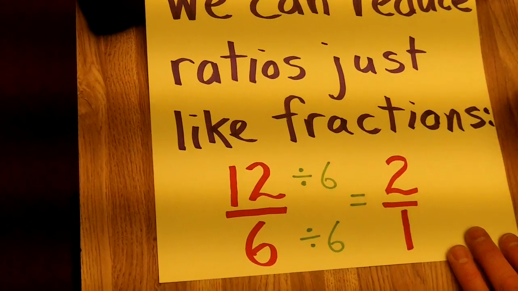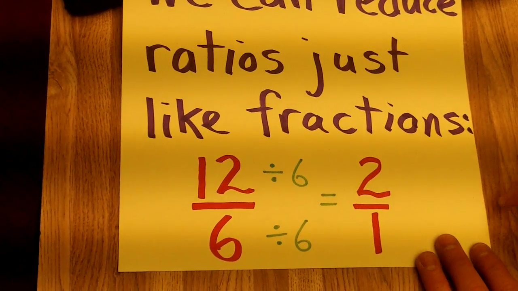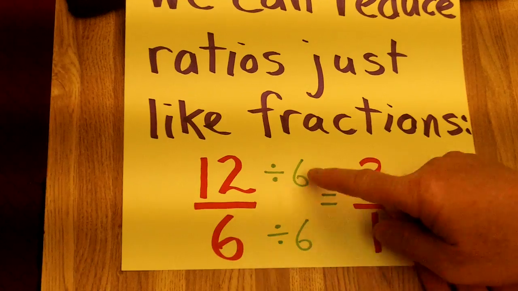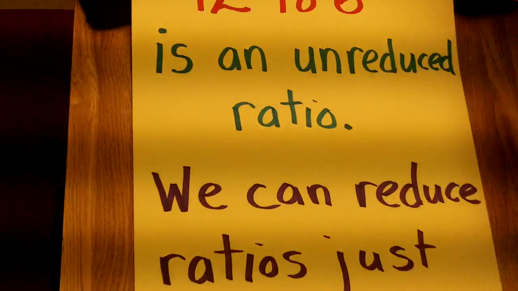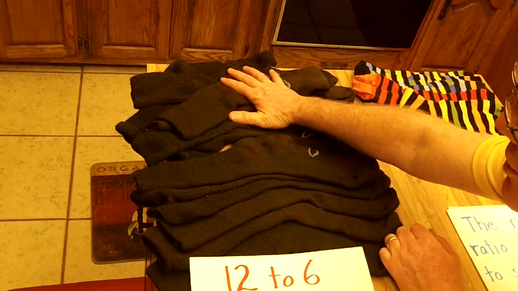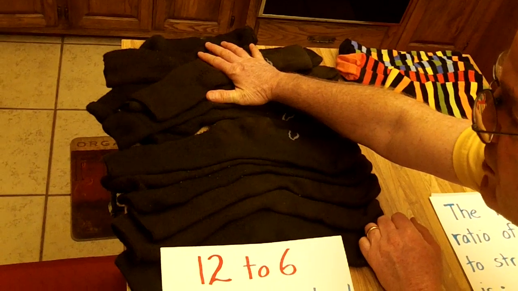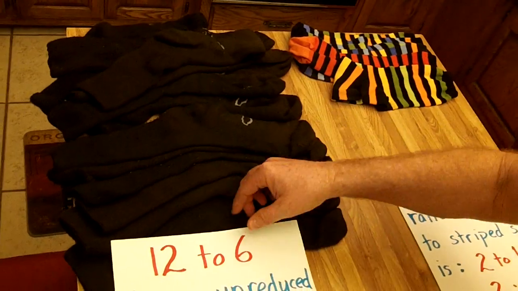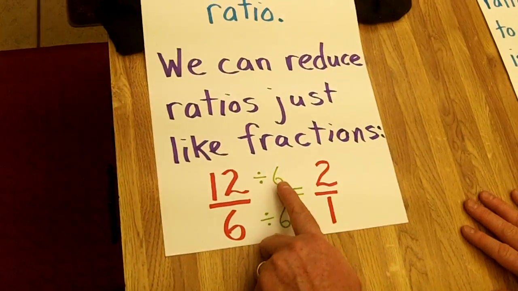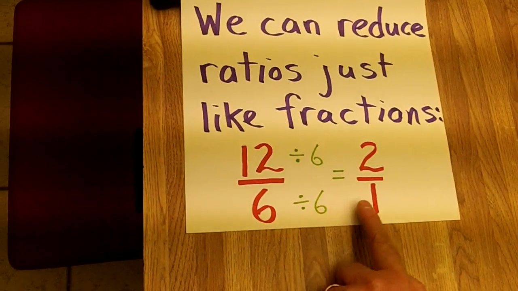Now just like with fractions, we say, hey, what's the biggest number that can be divided evenly into both of these? 6. So that's why when I went over these brown socks, I said 2 sets of 6. So here's 1 set of 6, 2 sets of 6 brown socks, 1 set of 6 striped socks. So we're dividing by sets of 6. 12 divided by 6 is 2. 6 divided by 6 is 1.